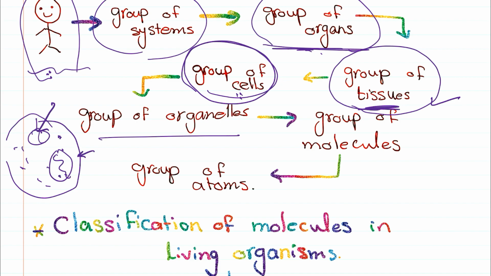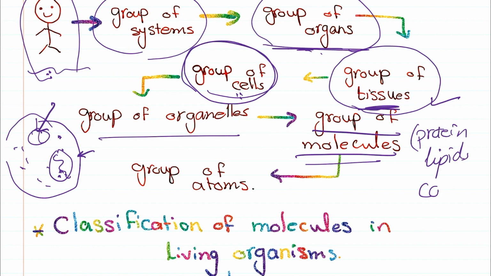These are called the organelles. And each organelle is formed of a group of molecules. What are these molecules? We have protein, lipid or fat, and carbohydrates. These are the molecules found in each cell.